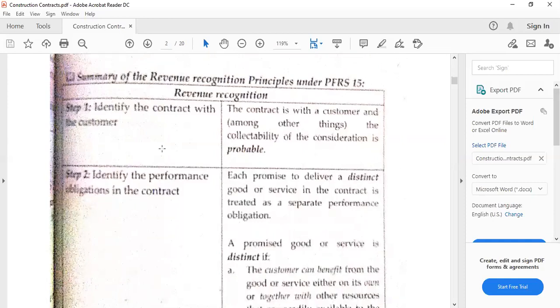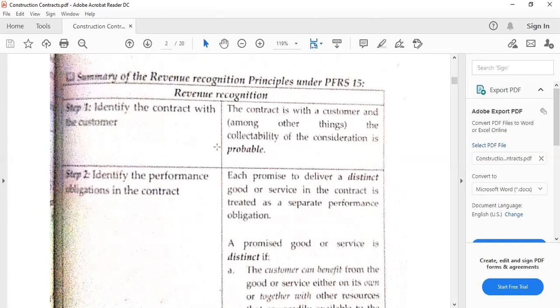So step 1 is to identify the contract with the customer. We have to know that there are parties, of course, in the contract: the seller, we are on the part of it, and the customer. The contract is with a customer, and among other things, the collectability of the consideration is probable.